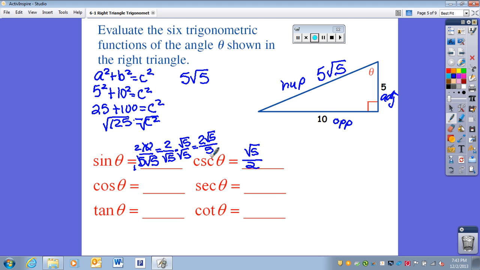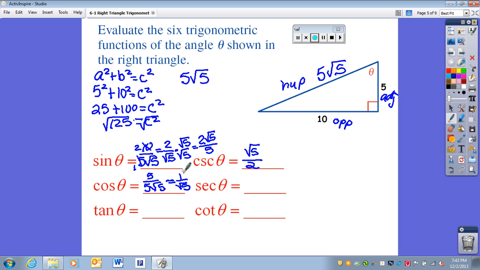Now if we take a look at cosine, remember that that is going to be adjacent over the hypotenuse. So we have 5 over 5 square roots of 5. Now to simplify that, we actually have 1 over the square root of 5.